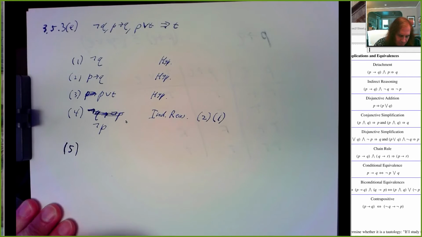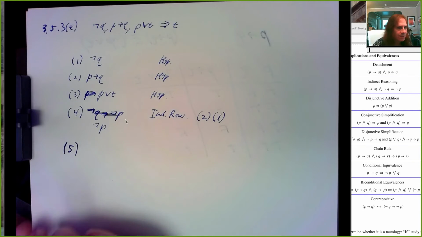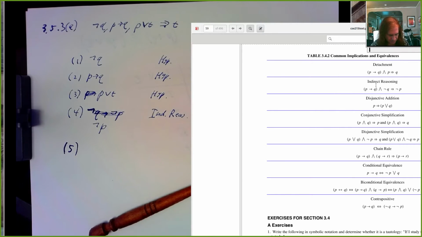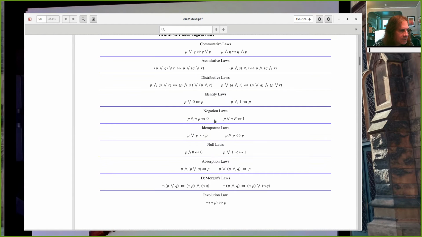Well, we have this other... Absorption? Yeah, so absorption says P and (P or Q) is the same as P. Let's see.